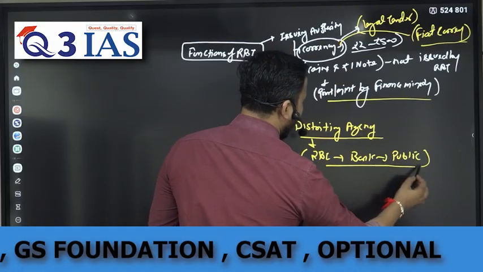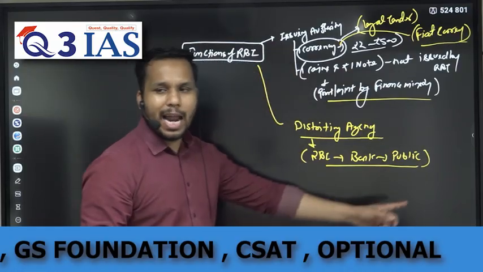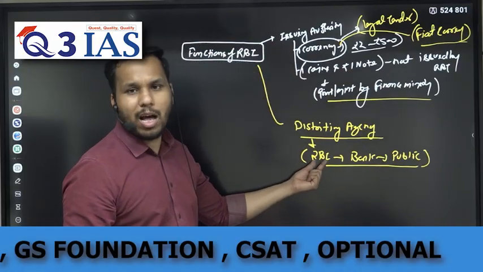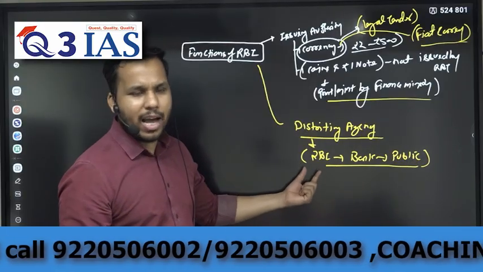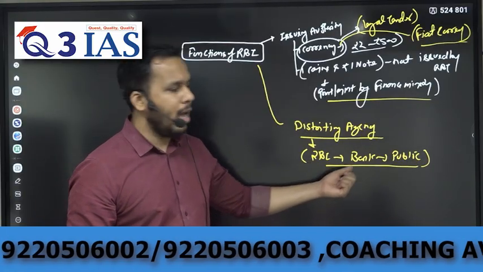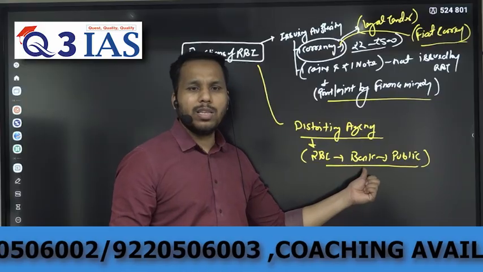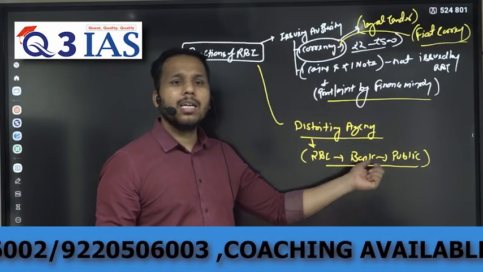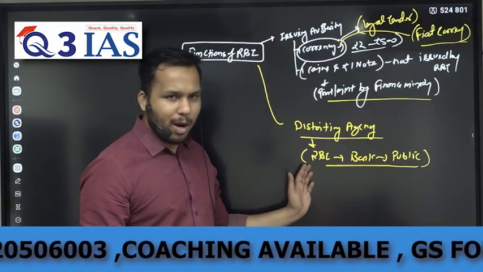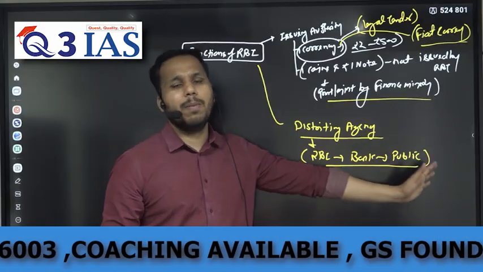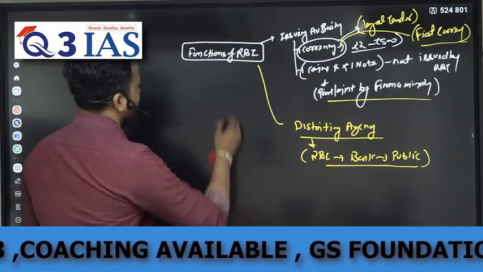The public cannot access funds directly from the RBI because the public cannot open an account directly with the RBI. You open your account with the bank, and the bank has an account with the RBI. Then RBI transfers money to the bank, and the bank transfers it to the public.